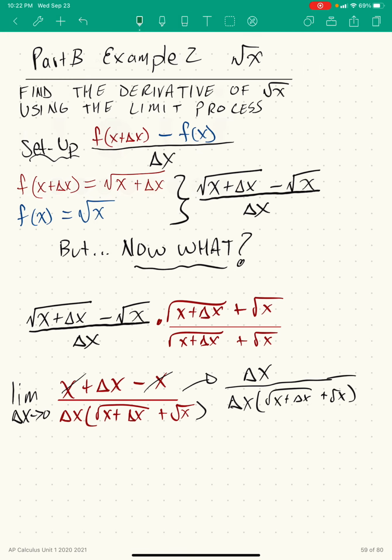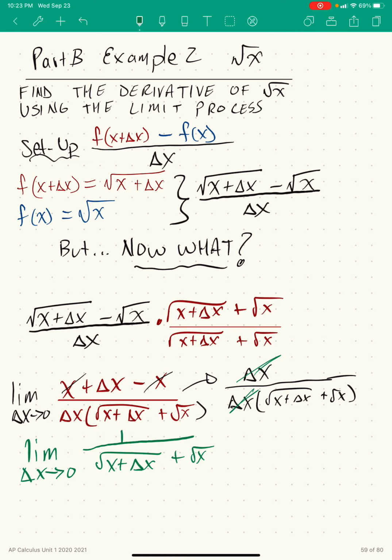So it works out pretty nicely. Those guys are gone. I rewrite my limit one more time. The limit as delta x goes to 0, but now I'm left with 1 over the square root of x plus delta x, plus radical x.